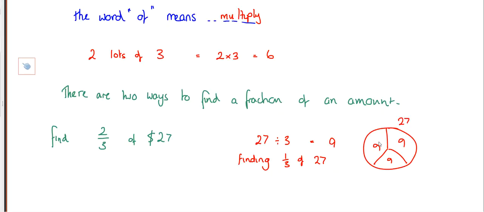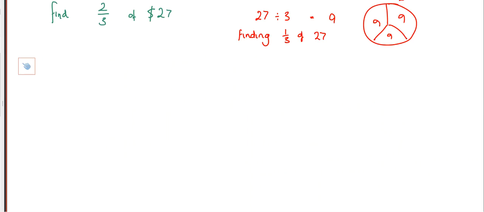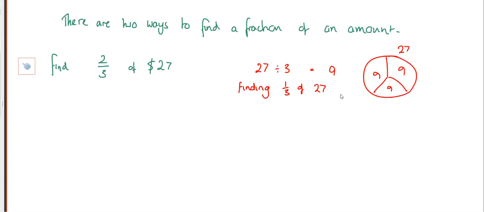The second step is to multiply by the numerator, which is 2, because you have 1/3 and you're trying to get to 2/3. So if 9 is 1/3, then 2 lots of 1/3, which equals 2/3. So we've got 2 times 9, which equals 18.